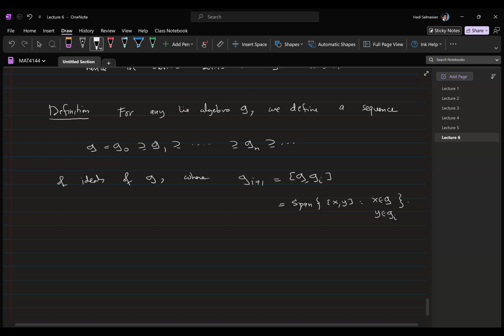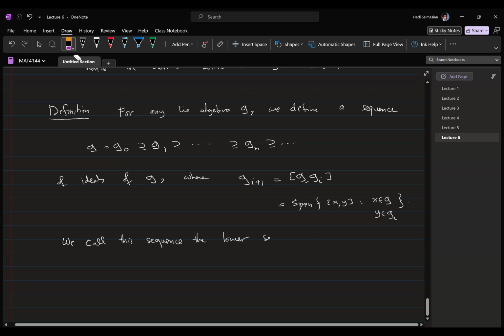Again, you can check that each G^i is an ideal. It's a fairly elementary exercise using the Jacobi identity, I guess. And we call this sequence the lower central series.